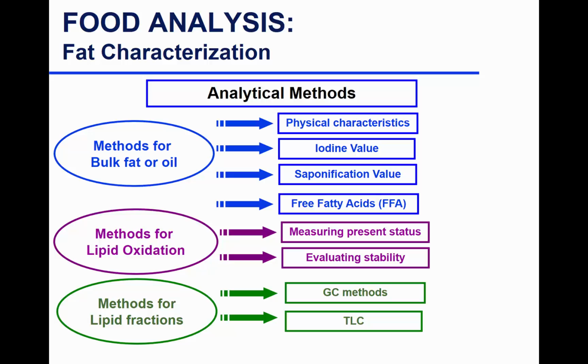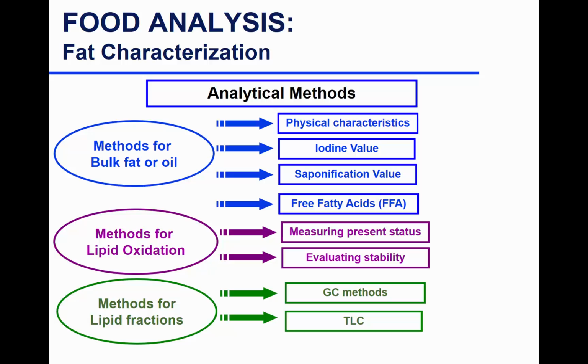This is also very useful in industry when you're determining the effectiveness of an antioxidant, whether it's a natural or a synthetic antioxidant. So you would determine the onset of oxidation with and without that particular antioxidant that you're formulating with. And then there are different chromatographic methods for the characterization of how much fatty acids you have: free fatty acids, trans fat, cholesterol, unsaturated, saturated, so you can assess that.